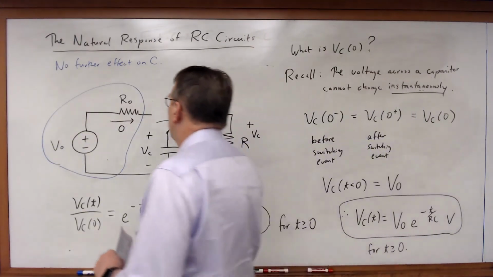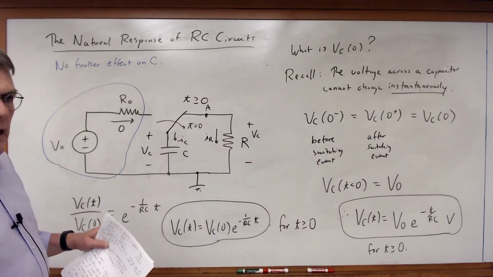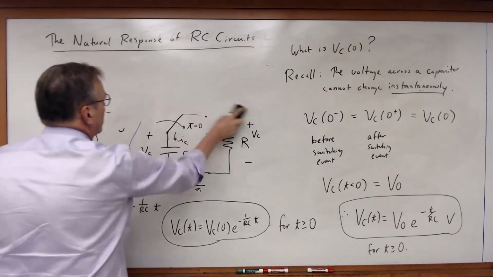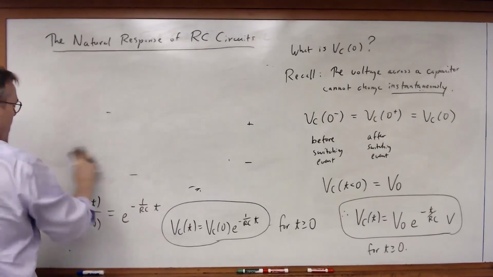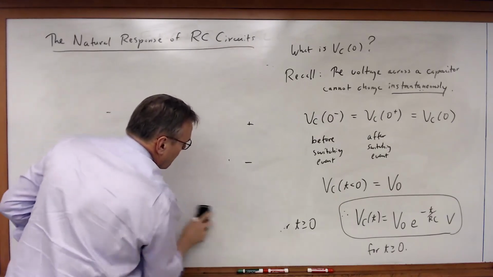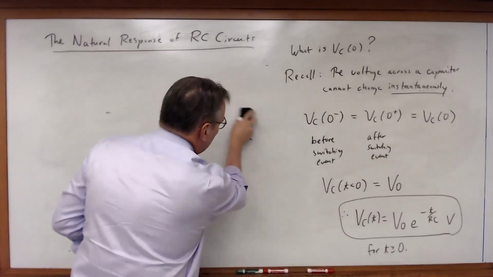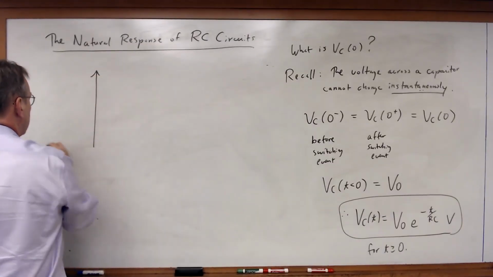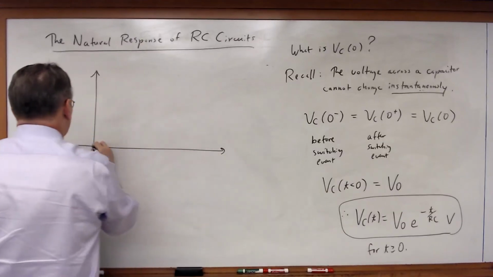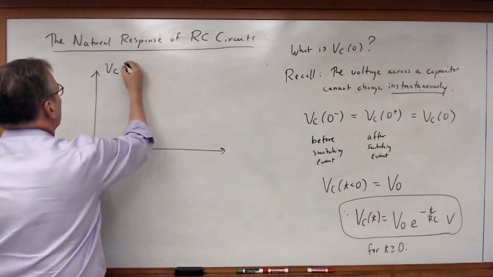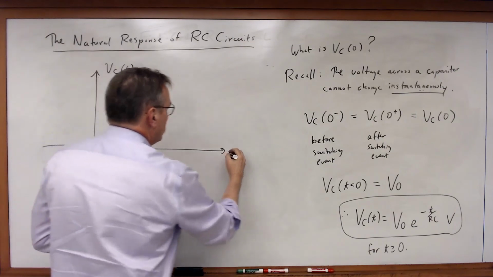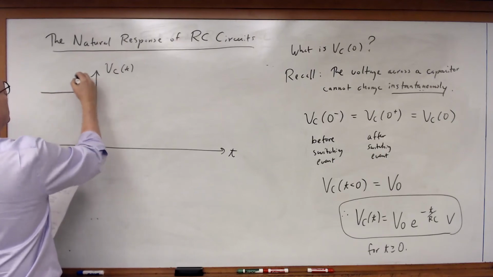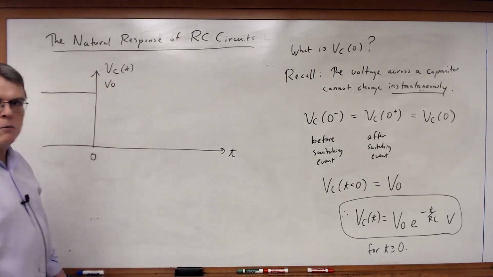Now, what does this look like? What kind of response is this? Let's plot this response out. If I were to plot Vc as a function of time, prior to the switching event, Vc is equal to 0.